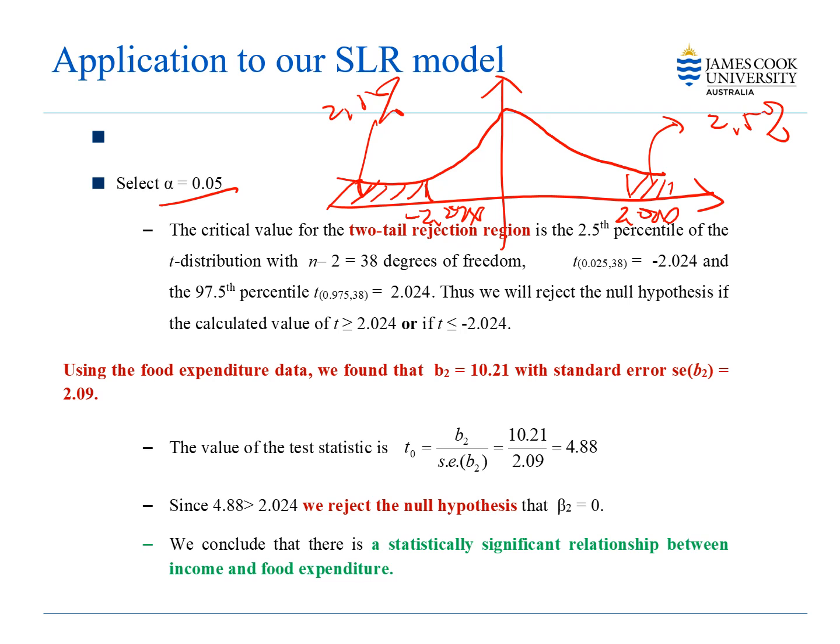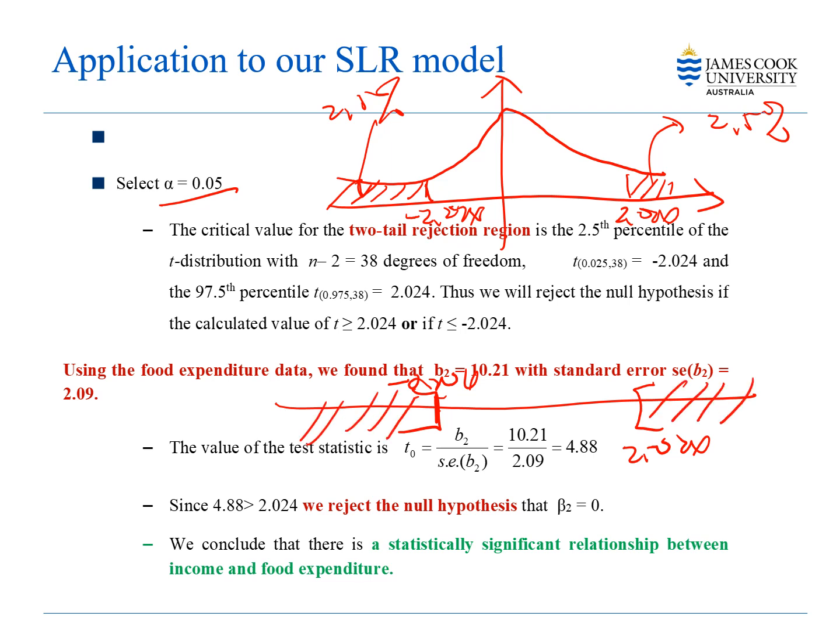The rejection region is below minus 2.024 and above positive 2.024. If our computed t-value falls in this region, we reject the null hypothesis at 5%. If instead it's between minus 2.024 and positive 2.024, then we fail to reject the null.